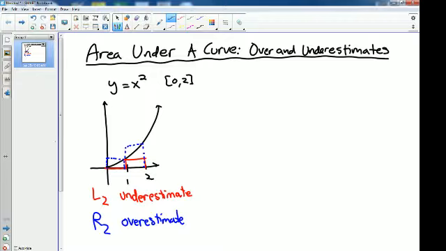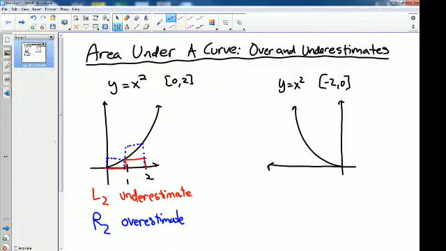Let's consider the same function but on a different interval. So L2 over this, right?